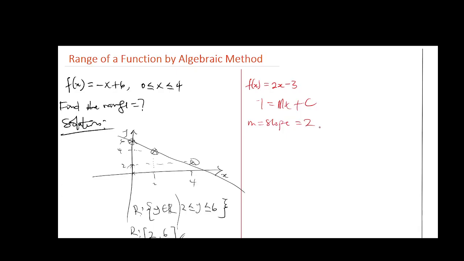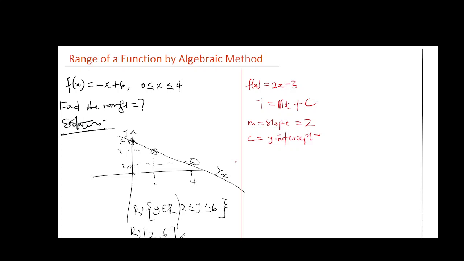What this actually means is that for every unit increase or decrease in x, there will be a 2-unit increase or decrease in y. That is what the slope means here. And we'll see that our c is the y-intercept.